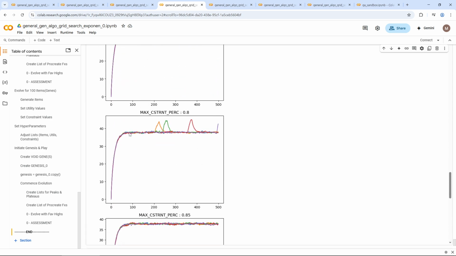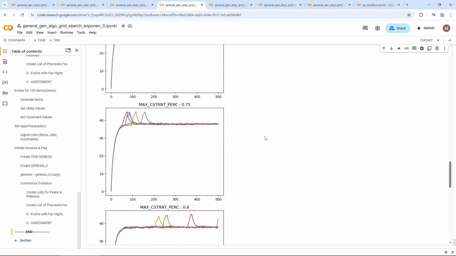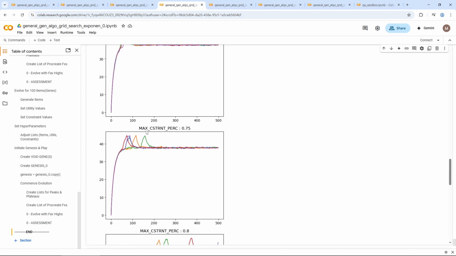Look at this. For instance, see the difference here and here? These are also very different. The peaks happened at around the same time, whereas when the max constraint percentage is at 0.75, this is the exponential distribution.